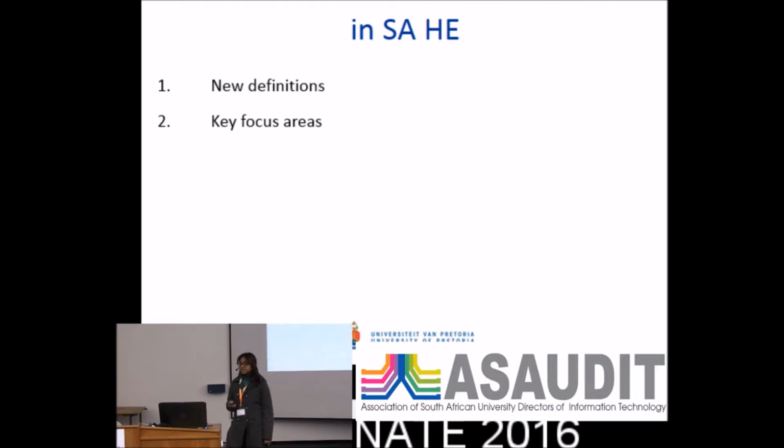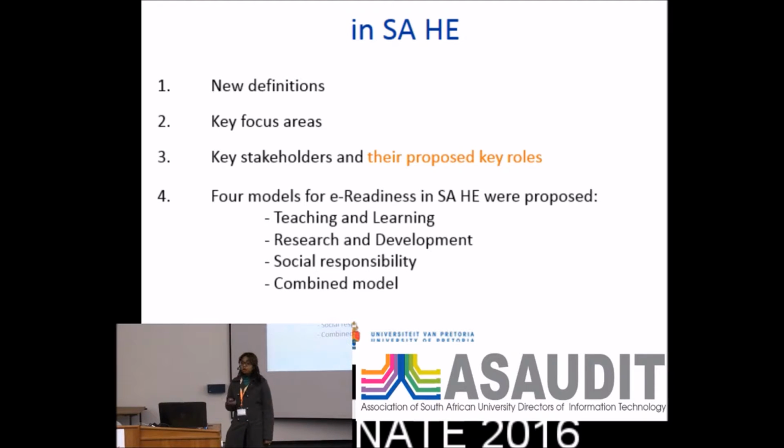So the outcome achieved from the questions that were posed were new definitions for e-readiness and e-learning. Key focused areas were verified. The key stakeholders and their proposed key roles were highlighted. 4 models for e-readiness in South African higher education were proposed. And this came into effect because we realized from the results that Harvard's model was actually focused on teaching and learning only.